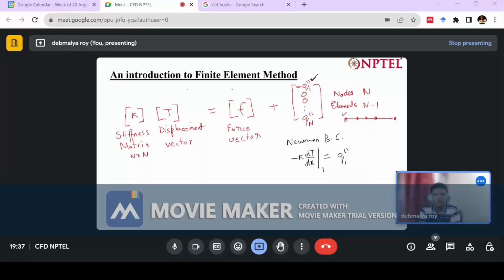So in this vector, if you want to incorporate it, we will simply replace my F1 element with F1 star, which will become F1 minus this Q1 double dash. So Neumann boundary condition is very easy to solve.